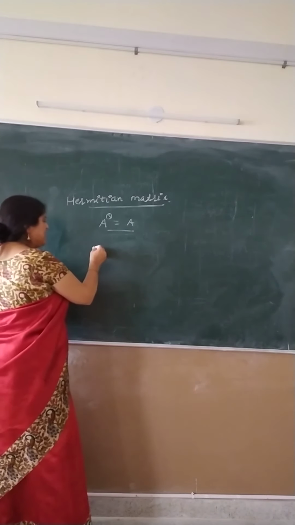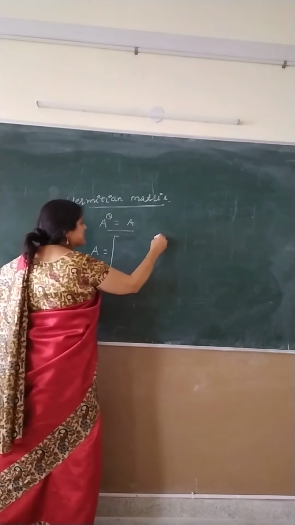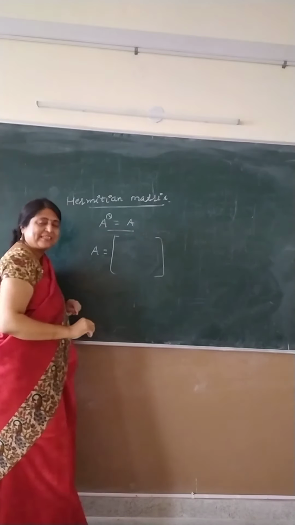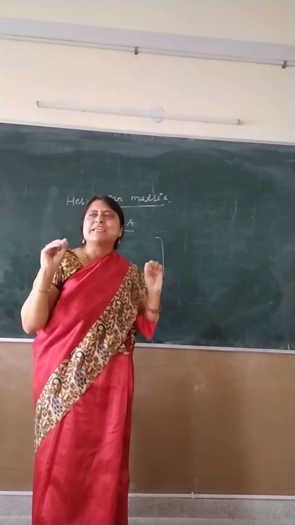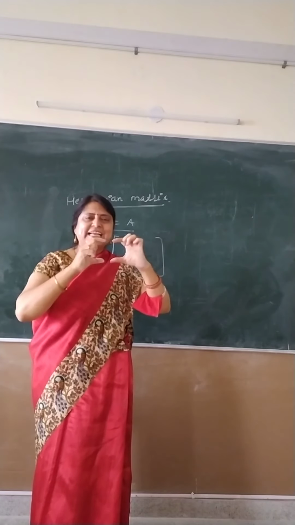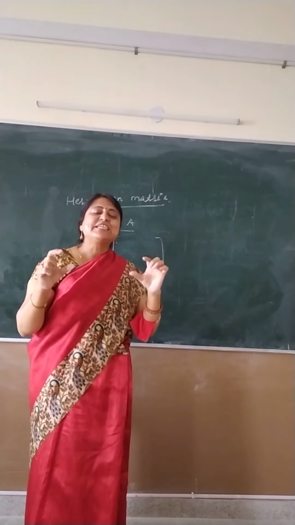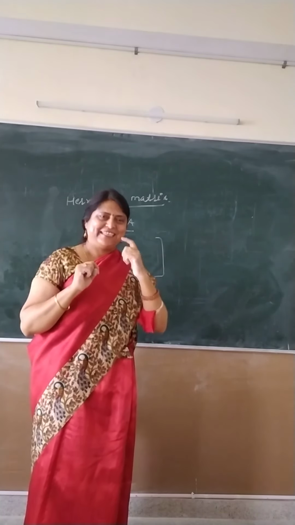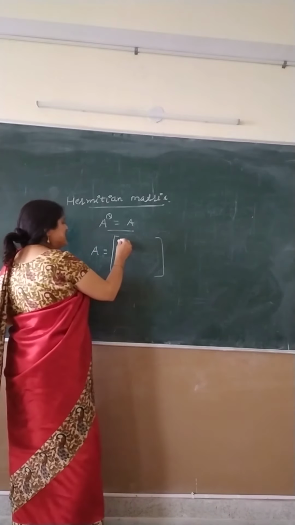First of all students, Hermitian matrix is a square matrix. Remember one thing. When you write Hermitian matrix, all diagonal entries should be real. Right? Now I am writing here 1.